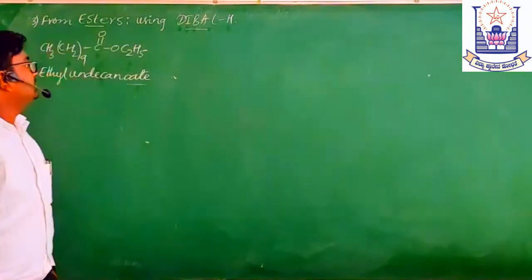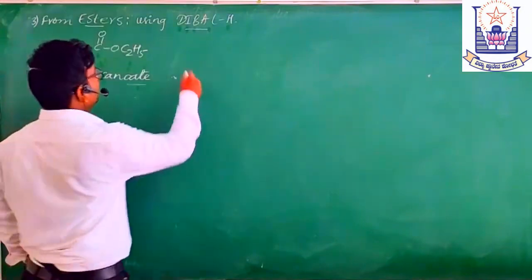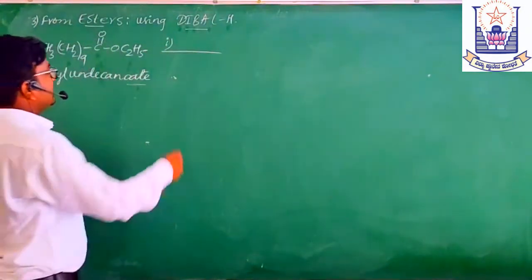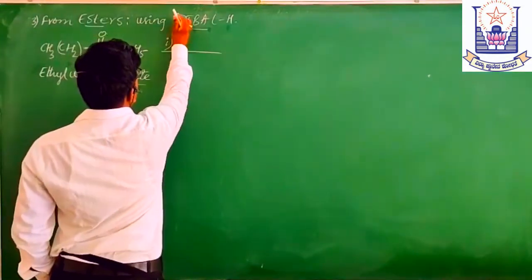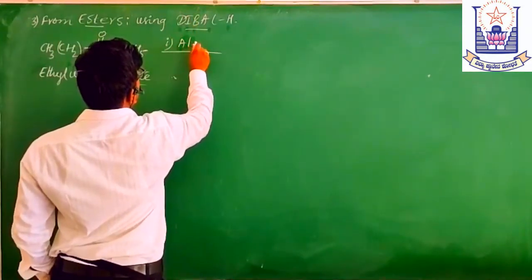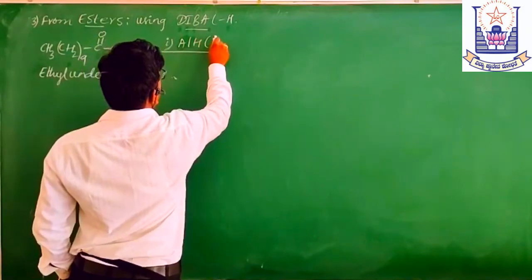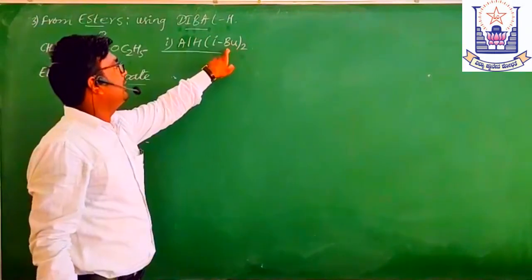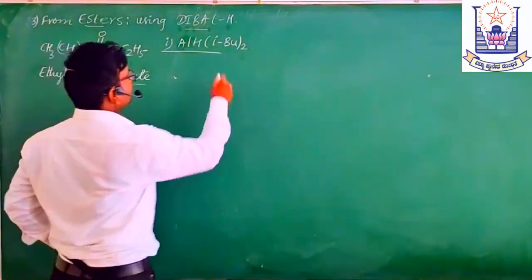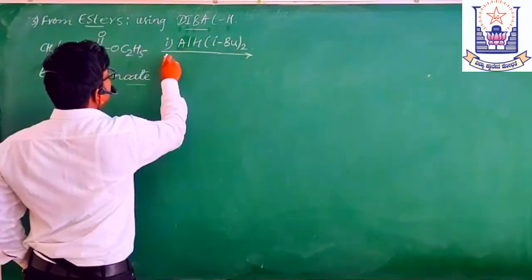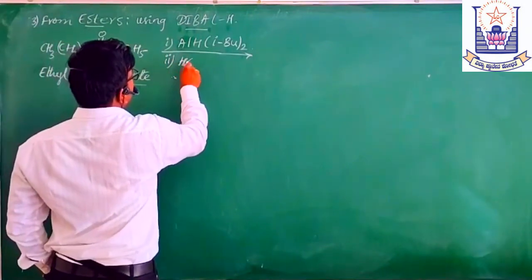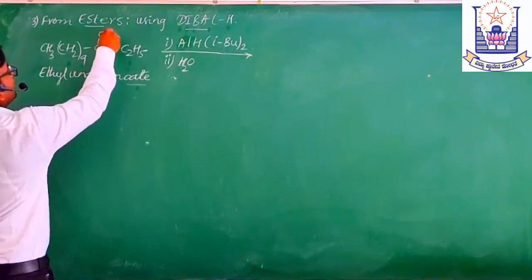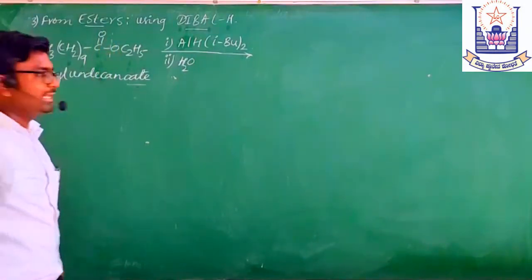When this is treated with DIBAL-H, in the first step you have to treat this with DIBAL-H. DIBAL-H can be written like this also: aluminum hydride, diisobutyl. So this is called diisobutyl aluminum hydride, followed by hydrolysis, that is addition of water. So what happens? This ester will be converted to the aldehyde.